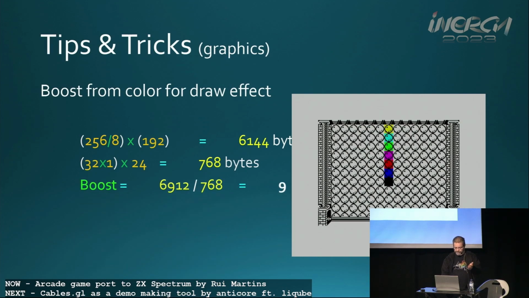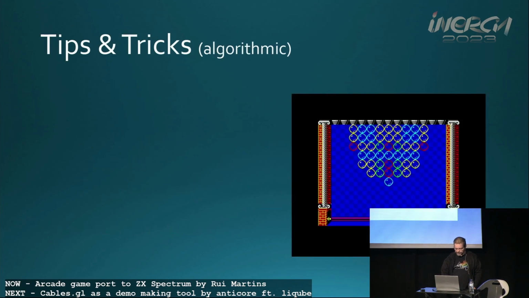The boost that we have is about 9 times, because we are not doing the pixels part, since they are mostly static except the player that will go back and forth, and we only will be updating the color bytes. So that's 9 times less work to do, which allows CPU time for logic and gameplay.